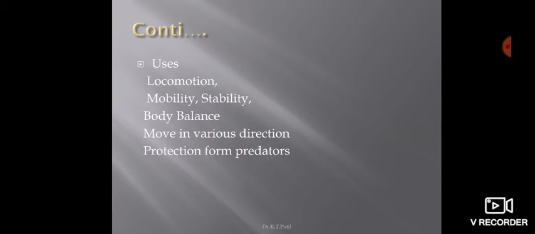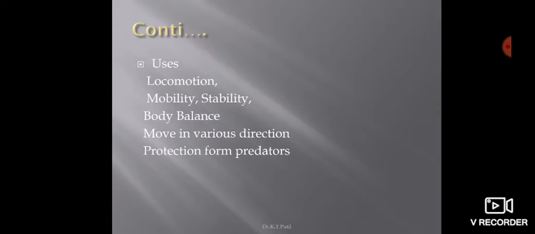Okay, see the other uses of fins. No doubt, they help with locomotion. Migration is a feature found in fishes. Fish migrate thousands of kilometers for the purpose of spawning, searching for a good environment, searching for food, as well as searching for a partner.